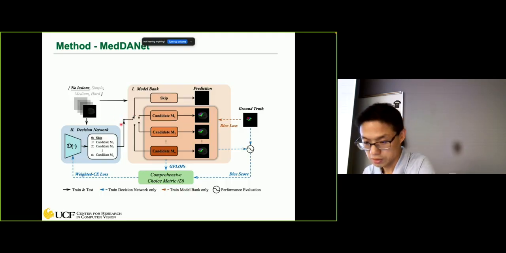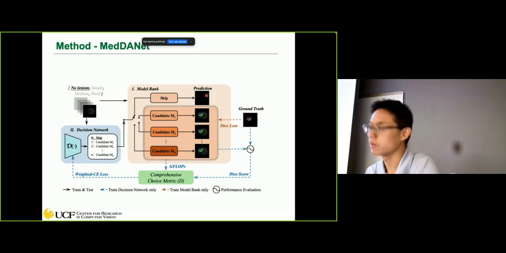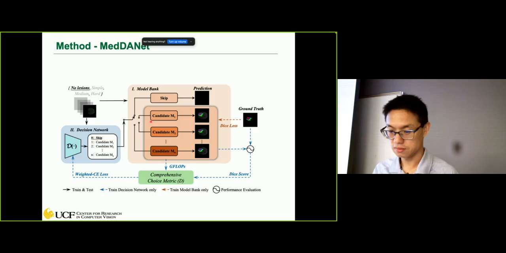This may output a skip, class 0, and then we connect to this branch and, without any prediction model, generate the prediction. And maybe for the next slice, the decision network gives a decision of class 5, so we connect with candidate model 5 and use that model to make a prediction.